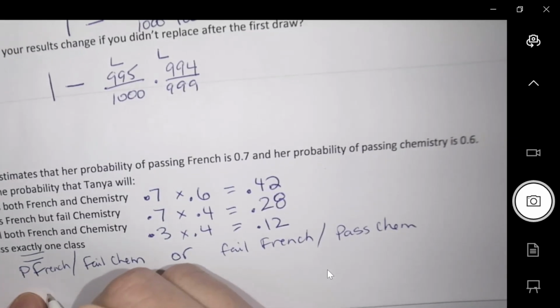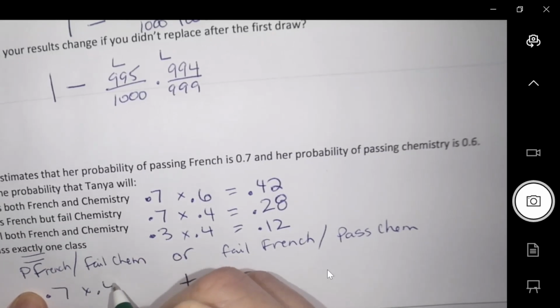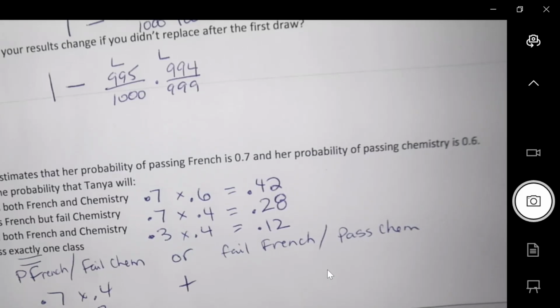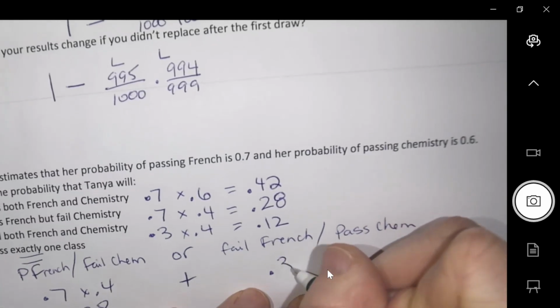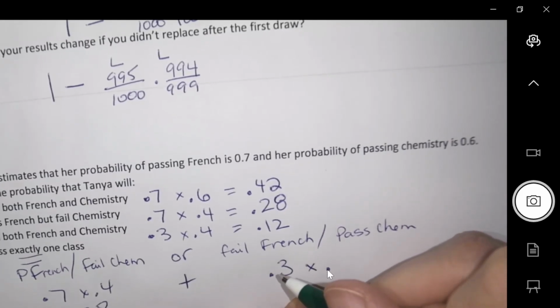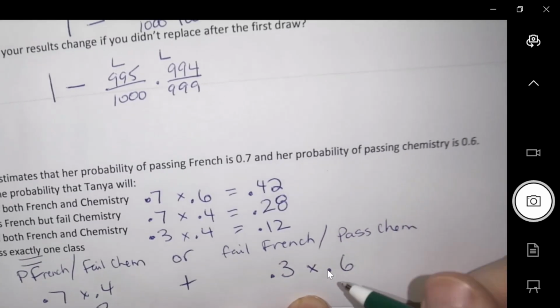So passing French, failing chemistry, we did that one. Fail French, but pass chem.